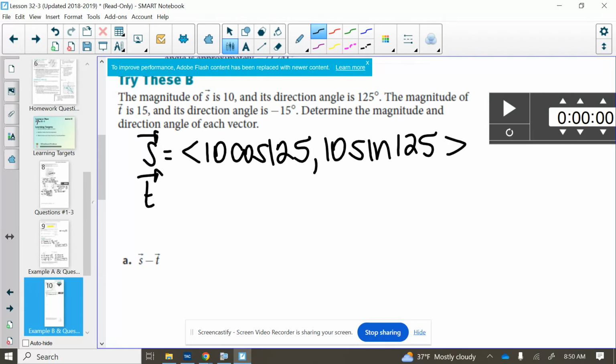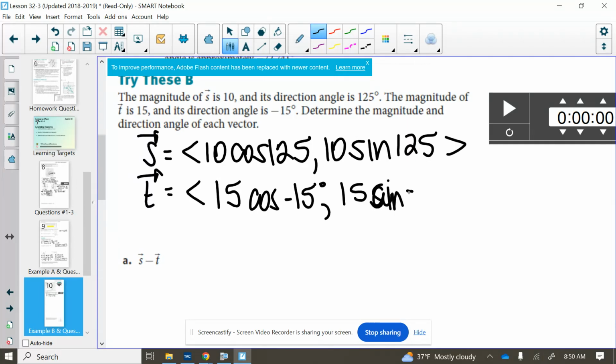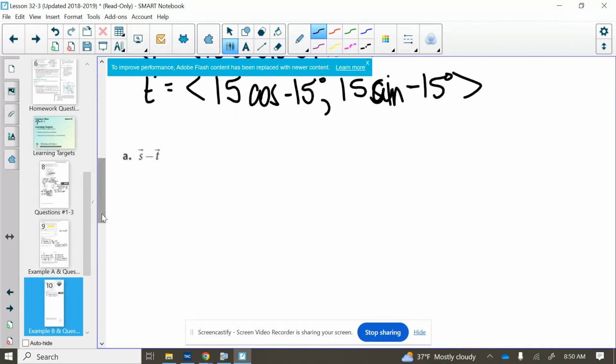The second vector t is going to have a magnitude of 15. Its angle measurement is negative 15 degrees. So we would do 15 times the cosine, 15 times the sine. And both of these vectors have angles that are not from our unit circle, so we will definitely be using our calculator to approximate.